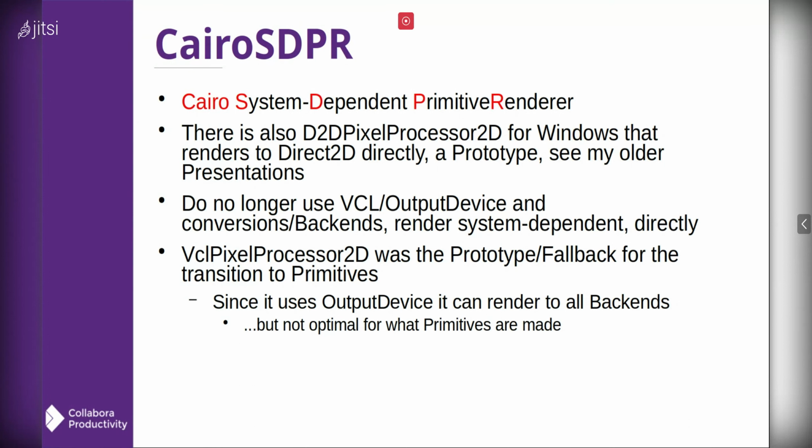The pixel processor was an in-between solution as a prototype fallback for the transition to primitives at that time, because we were only able to change stuff to primitives having a renderer, and the easiest way at the time to have a renderer for the in-between state was to use output device. But the long-term goal is, of course, to get rid of that pixel processor using VCL.